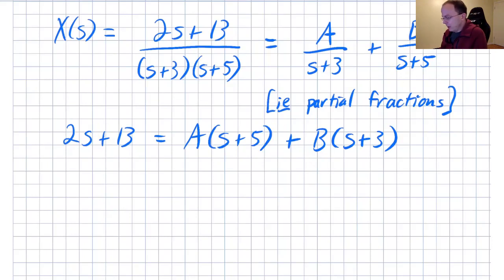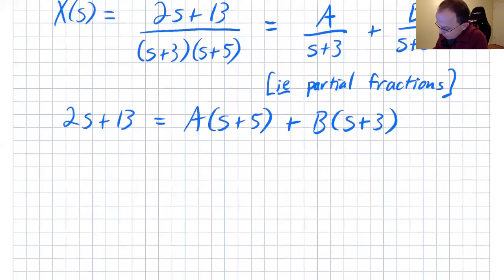And there's actually an easier way to do this. A very useful technique for determining a and b is to substitute certain values of s into this equation, because this is an equation that's true for all s. So I can substitute certain values of s so that certain terms will disappear.